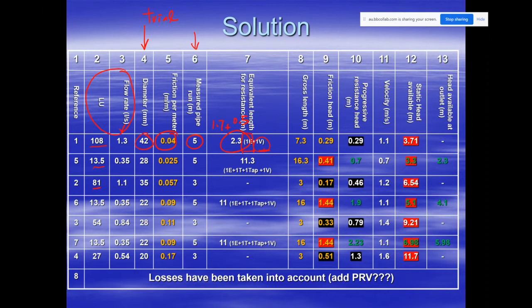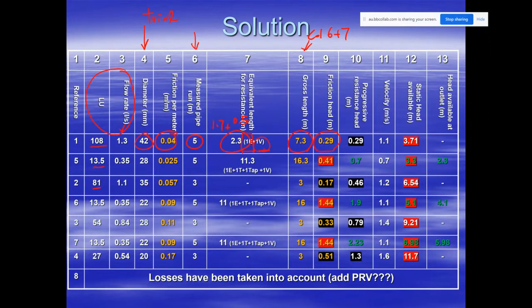Okay, now this is the equivalent length. But the length of the pipes is 2.3 plus 5, that means 7.3, in column 8. Column 6 plus 7. Can you follow? Okay.